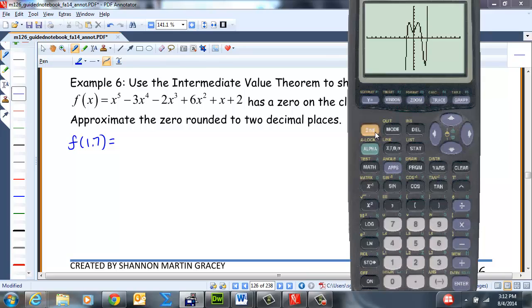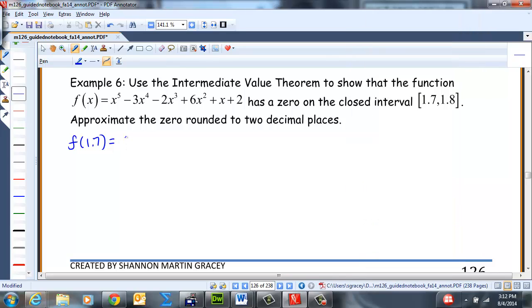So now if you go to second calculate value, you can just plug in 1.7 and you'll find out what that function value is. So this is 0.35627, which is greater than 0. It's positive. And let's see what f at 1.8 is.